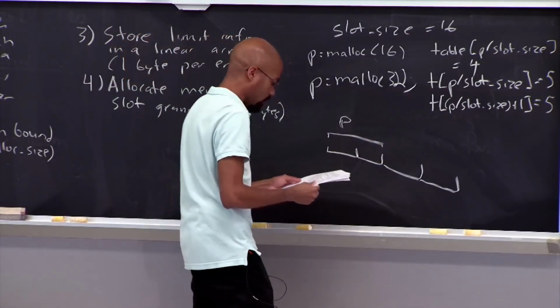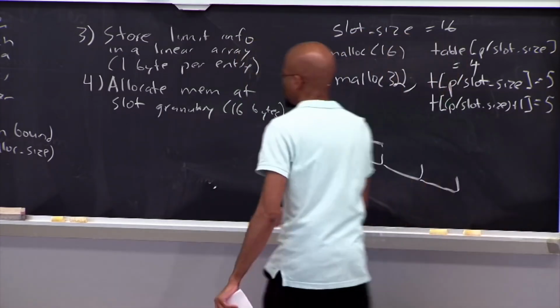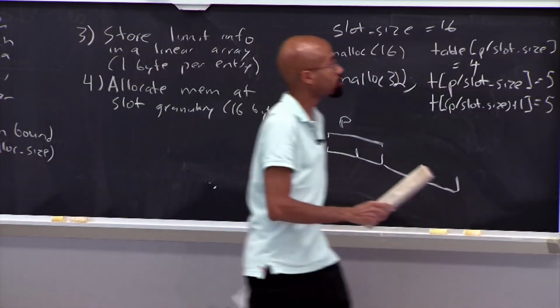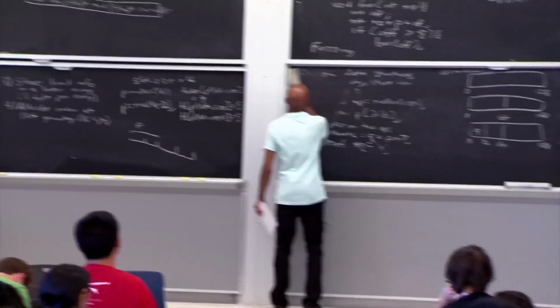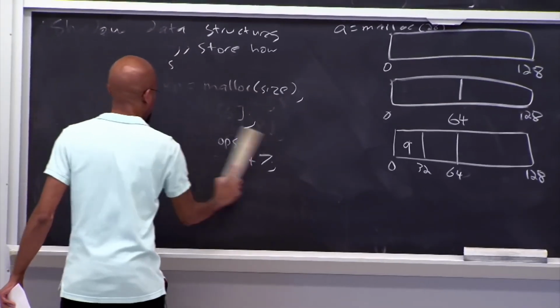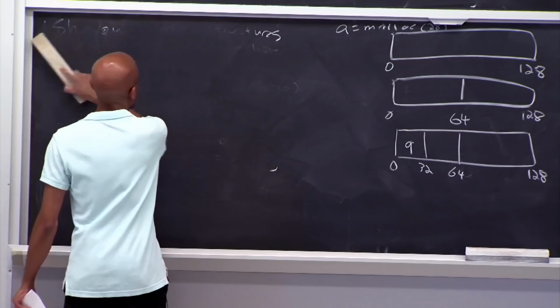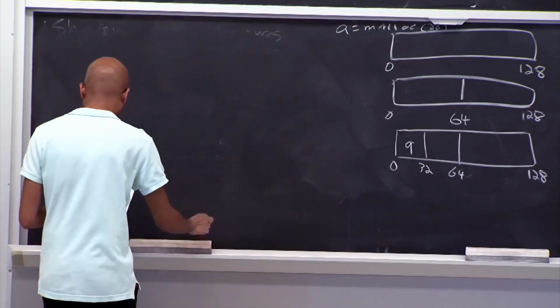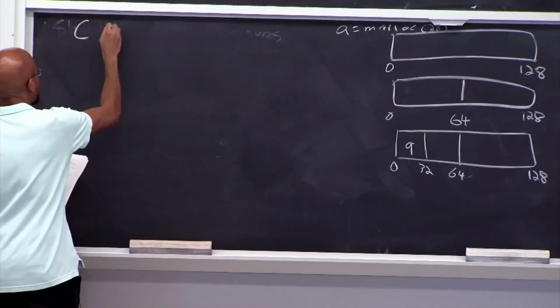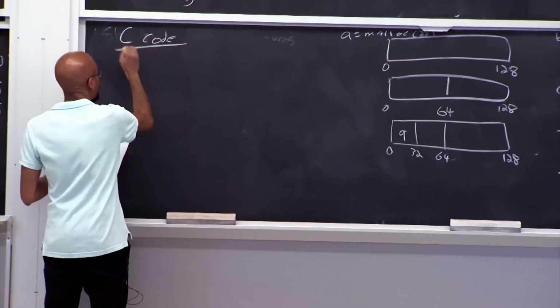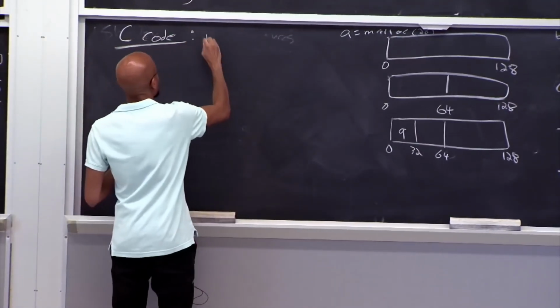Okay. So let's see. So armed with the bounds table stuff, what happens if we have C code that looks like this?